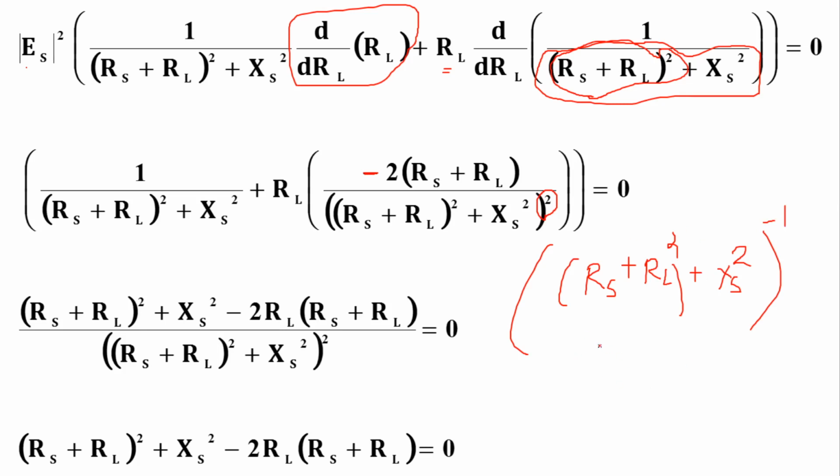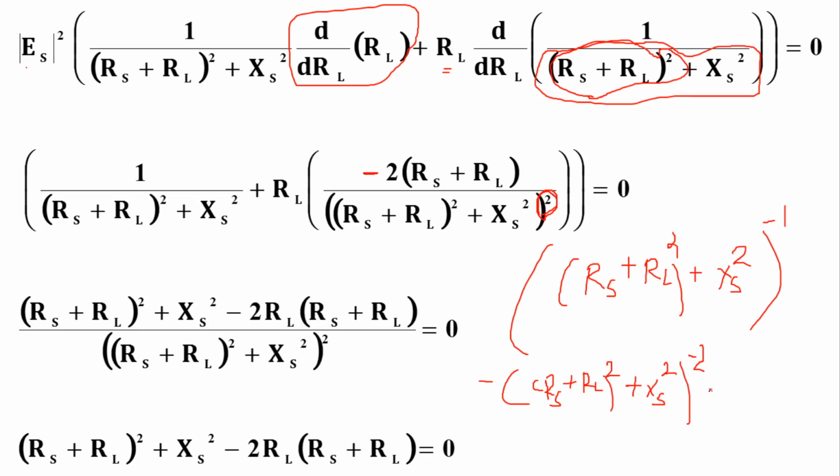If I differentiate this term, it will look like this, minus sign as it is, RS plus RL whole square plus XS square, now its power becomes minus 2. If I write this entire term in the denominator, it will become plus 2.